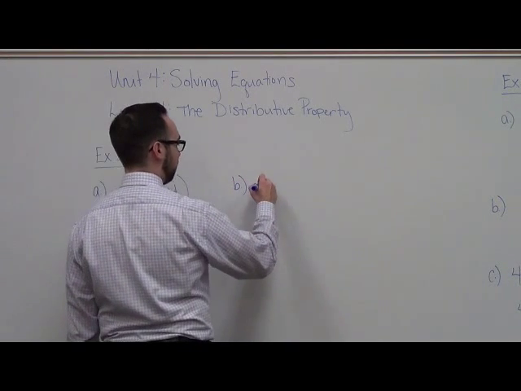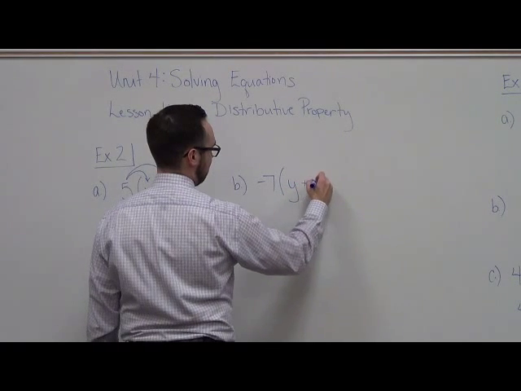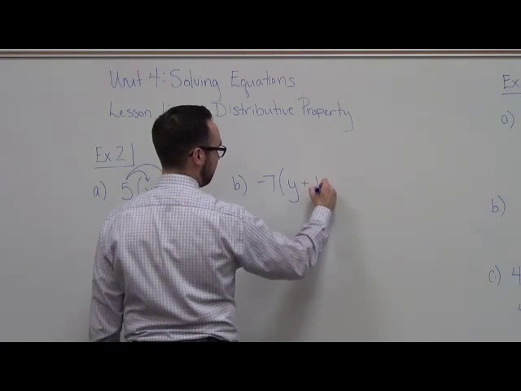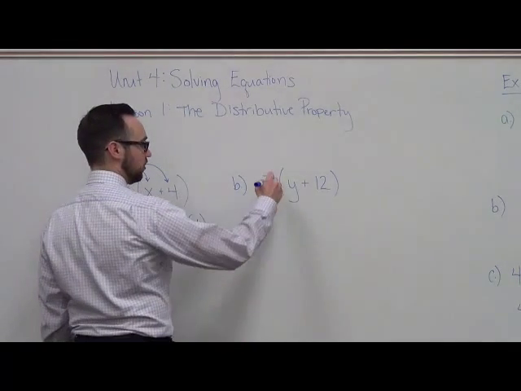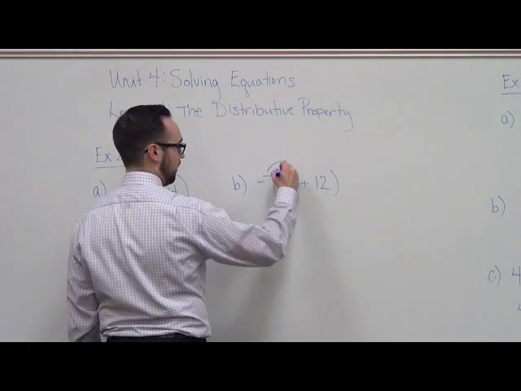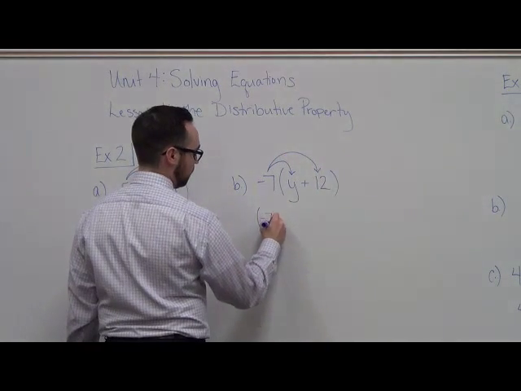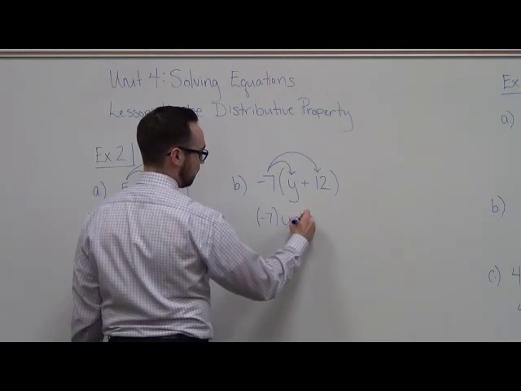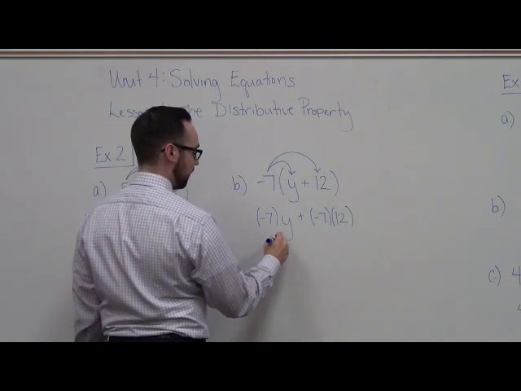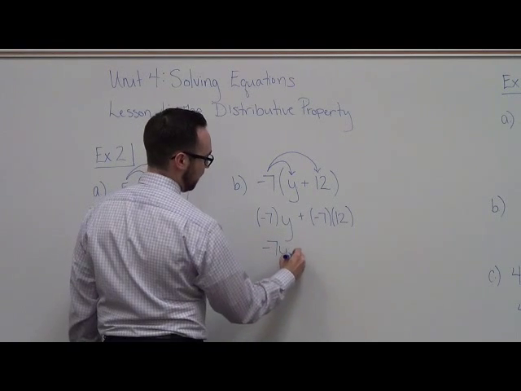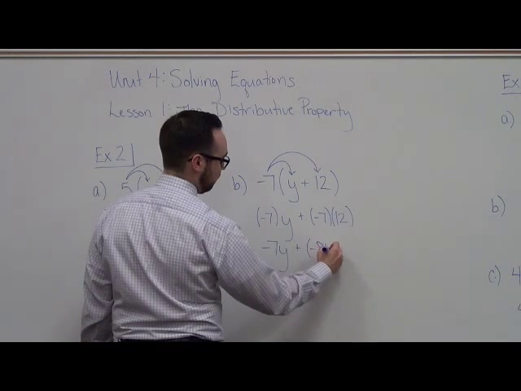Taking a look at another example, if we had negative 7 times y plus 12. Again, distributing that, you'd have negative 7 times y, and then a negative 7 times 12. So negative 7 times y plus negative 7 times 12. So this would just be negative 7y plus a negative 84.